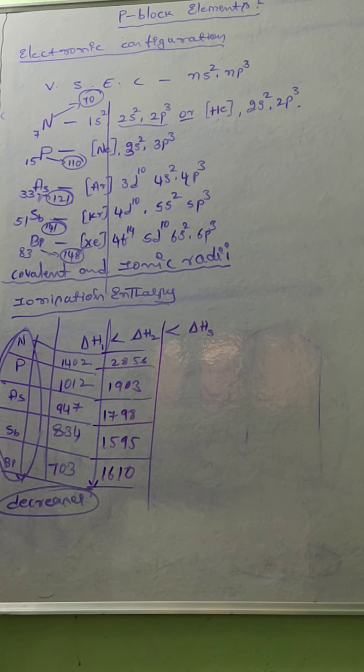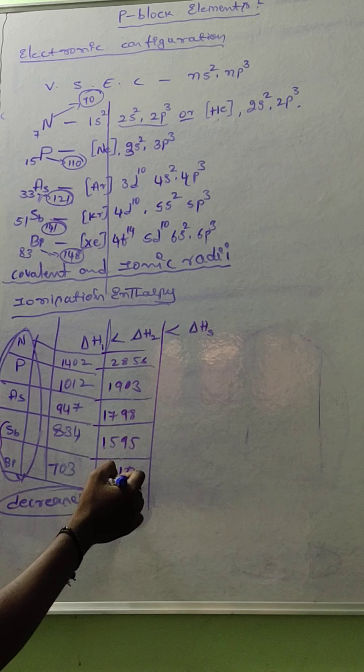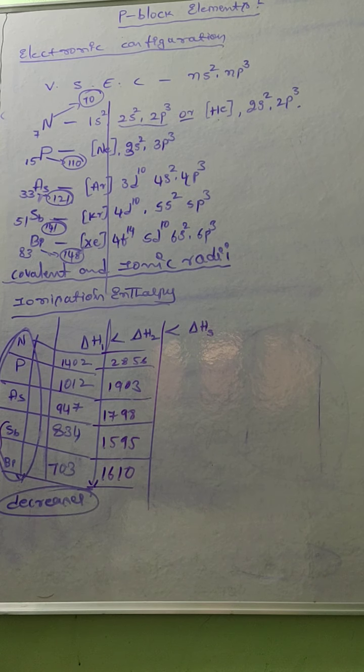As we go down, an exceptional case arises in antimony and bismuth due to the inert pair effect. Yes, 2000, 1900, 1700, 1600. As we go down, the ionization enthalpy decreases.